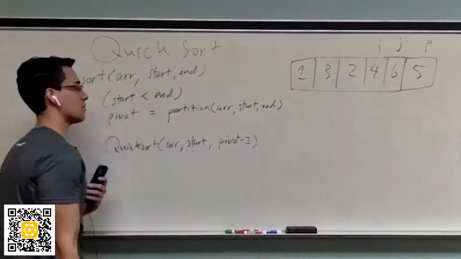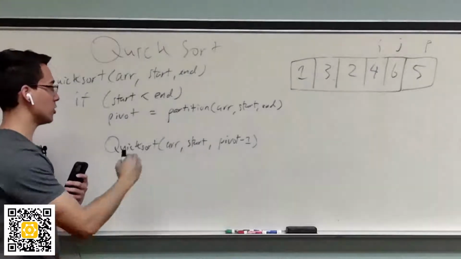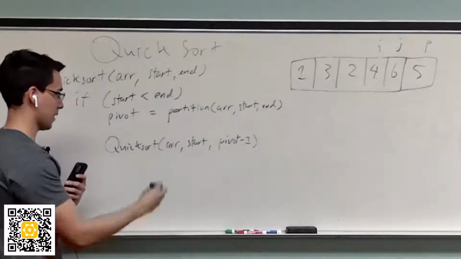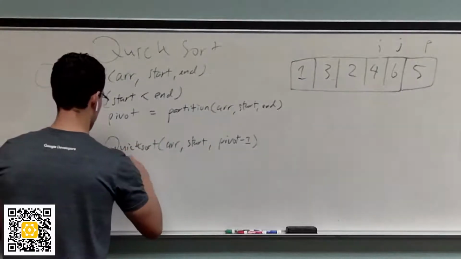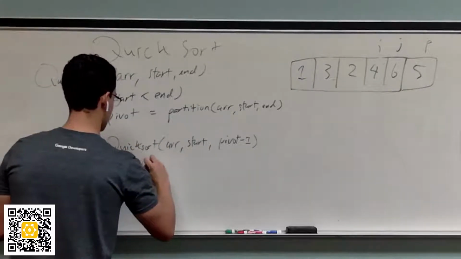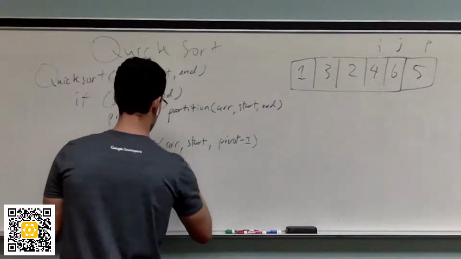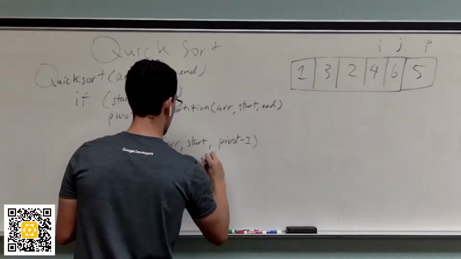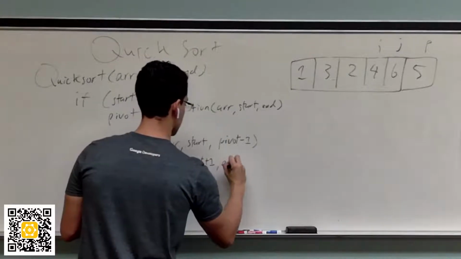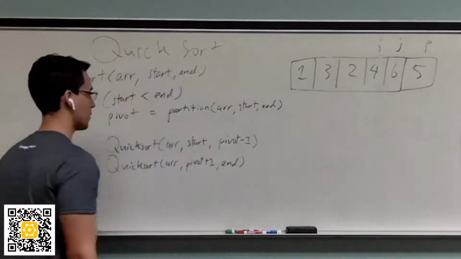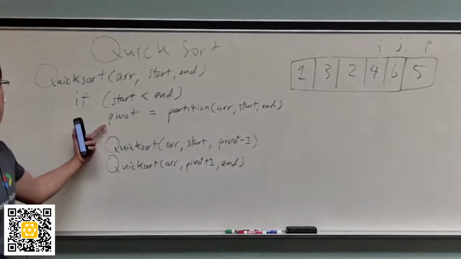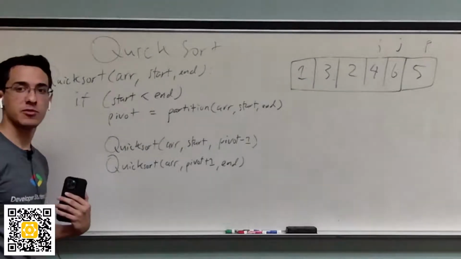Or I should say pivot minus 1, because we're going to exclude the value that's already in the place it's supposed to be. And then we're also going to call it pivot plus 1, so the one after that value, to the end. So this part is the for loop part.